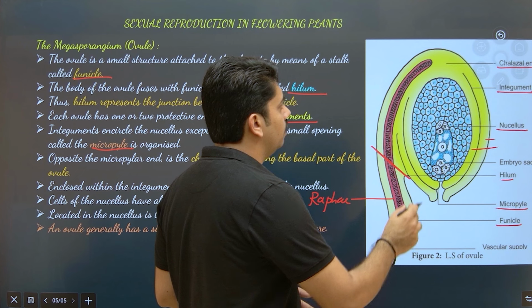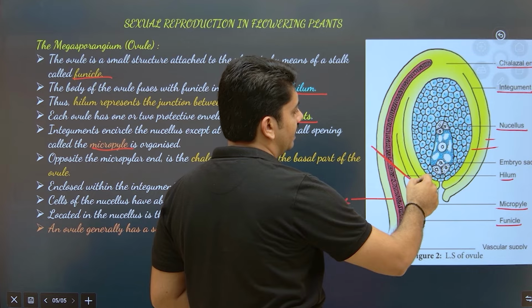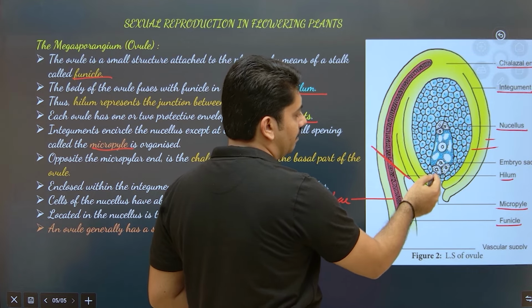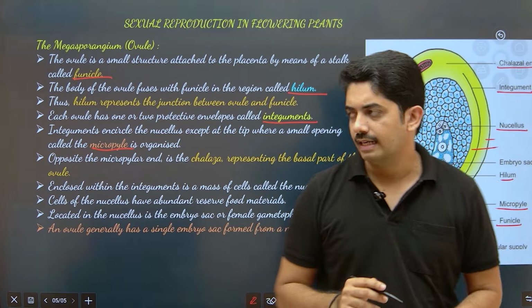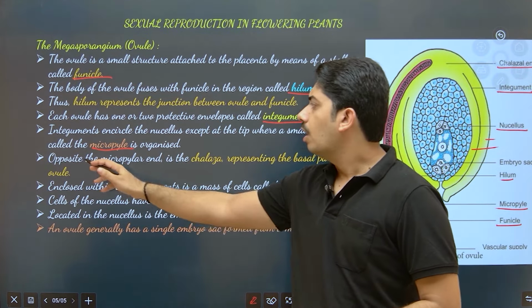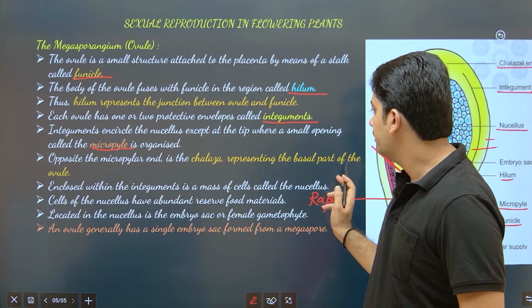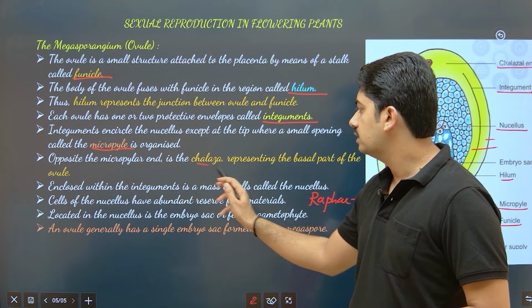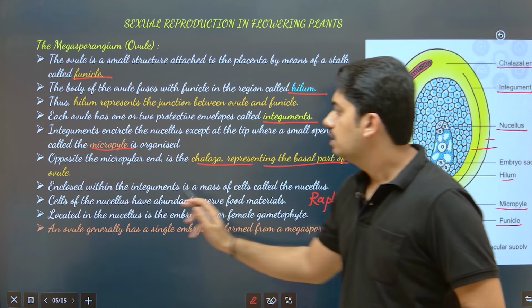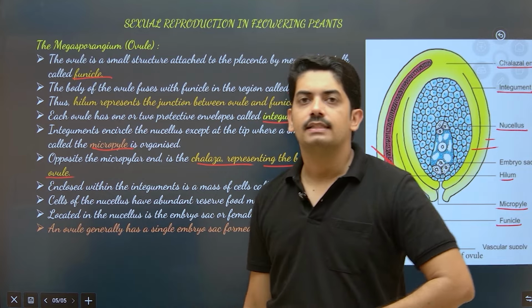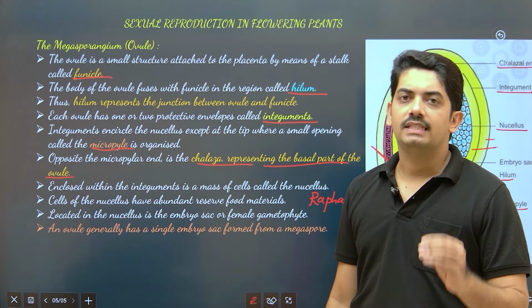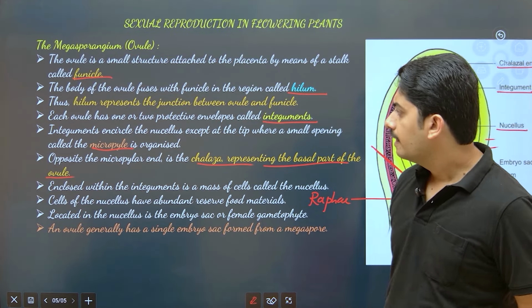Here if you observe, the integument is present entirely, but it is interrupted in the micropylar region. Opposite to the micropylar end is the chalaza, representing the basal part of the ovule. This is very, very important. What does the chalaza represent? The chalaza represents the basal part of the ovule.